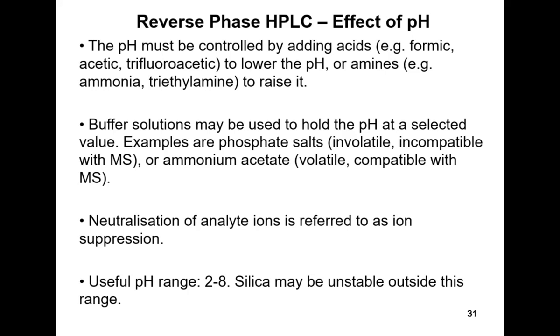So you can go down to about pH 2. You might be able to go a bit higher than pH 8, but probably 10 would be the limit. So you need to take care if you're going to the extremes of pH, and maybe think about having your compounds in the ionized state, but as a salt with something which is relatively non-polar.